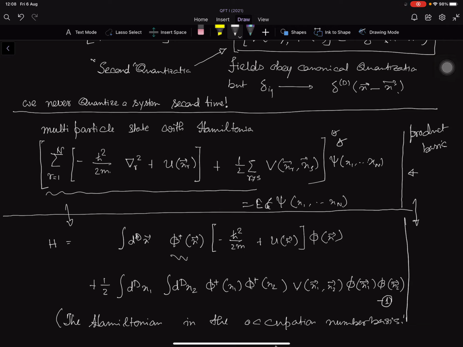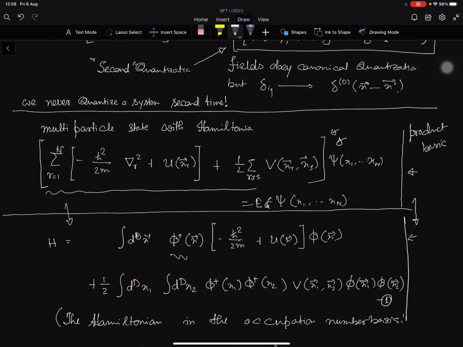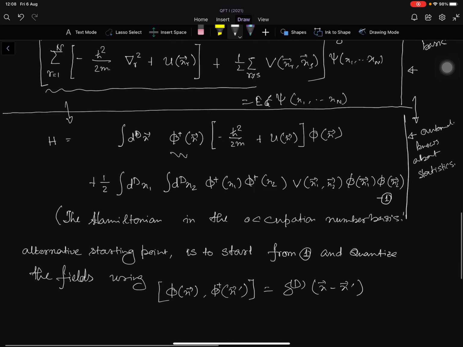And the important thing is that since this Hamiltonian is in the occupation number basis, it automatically knows about statistics.